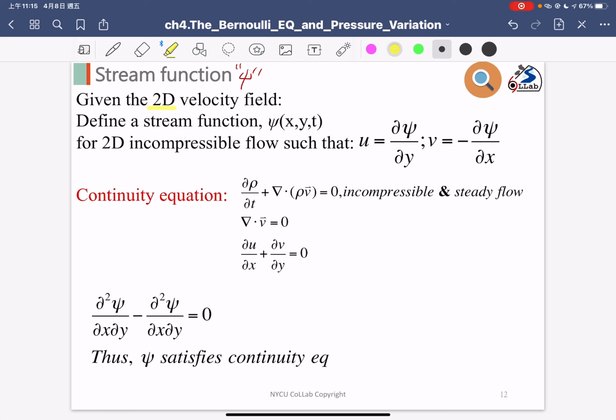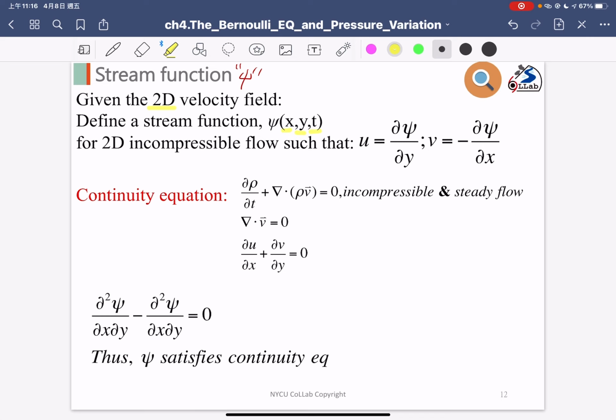That indicates the velocity only has the i and the j unit vectors. So I define my stream function as a function of x, y and t, because I didn't tell you the flow is a steady state. So maybe the function is a function of time. That means the stream function will change maybe as the time changes.